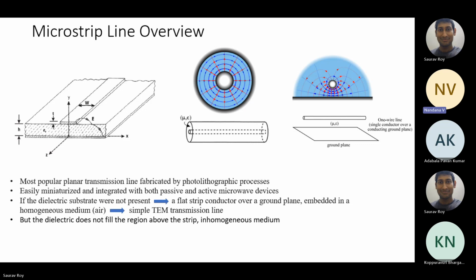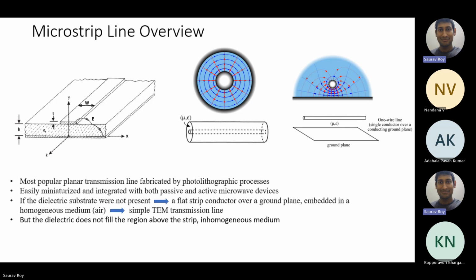Can you repeat once more? The third picture. The third picture shows what? There is a cylindrical conductor over a ground plane. And our microstrip line is also like that. There is a conductor over a ground plane, but we have some other substrate in between. So here also, instead of air, you consider some other substrate, right? So that is the difference.